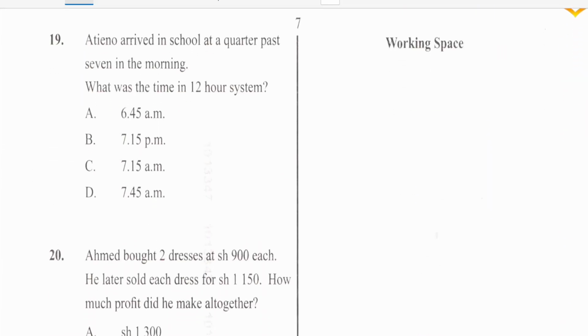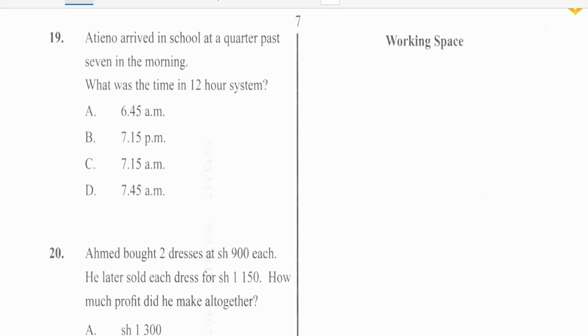Now, question 19, and we're very near to finish this paper. Atieno arrived in school at 7:15 in the morning. What was the time in 12-hour system? So basically it is 7 a.m. Mornings are usually in a.m., after midnight.